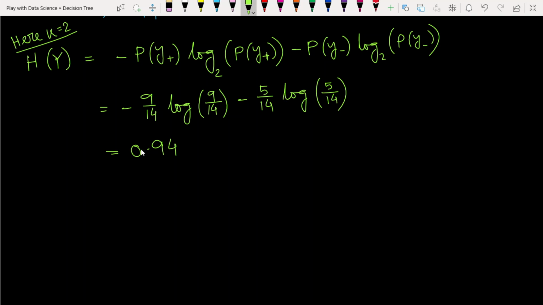So what are these values telling us? First understand this thing. What is the meaning of 9 by 14?